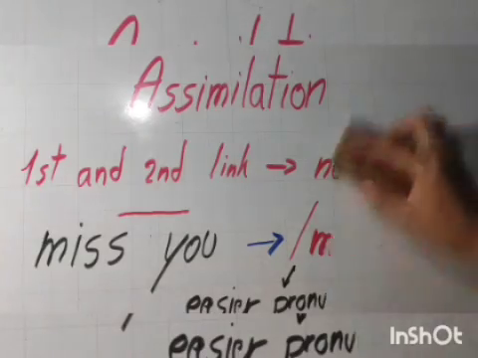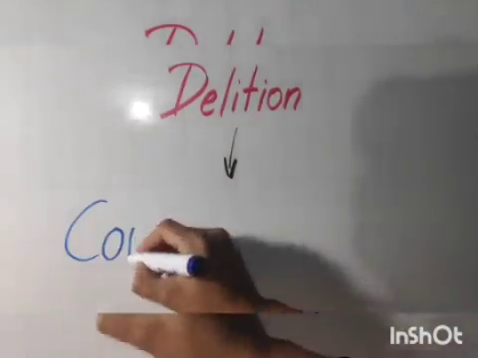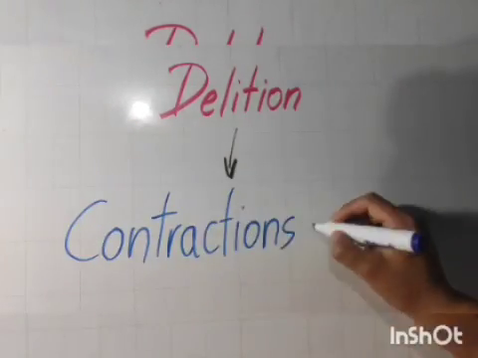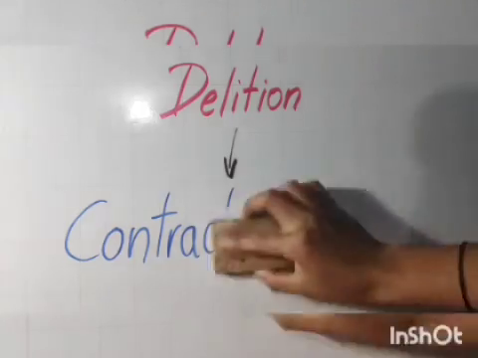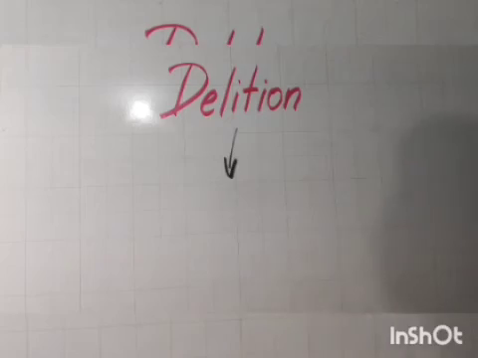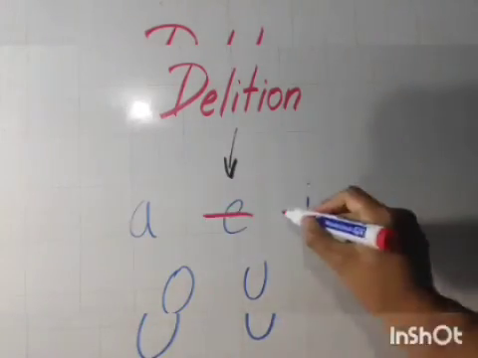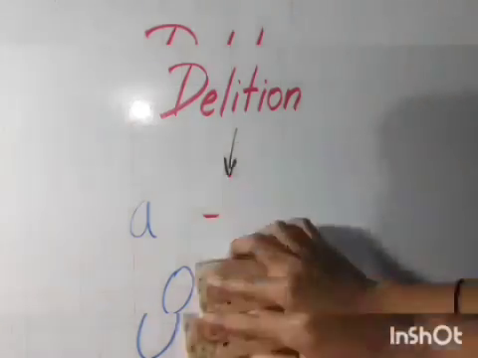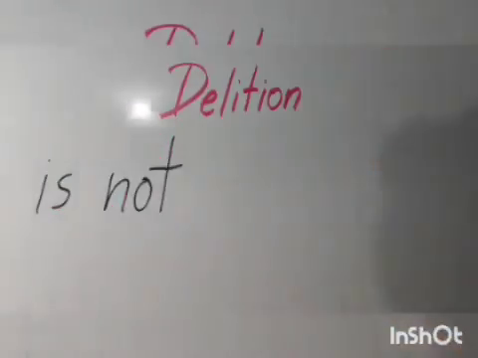And finally, we have another interesting topic called deletion, that is similar to contractions or blends, but in this case, we're just omitting the sounds of the vowels, of the consonants, whatever. We have the example "is not." Making a contraction is "isn't."